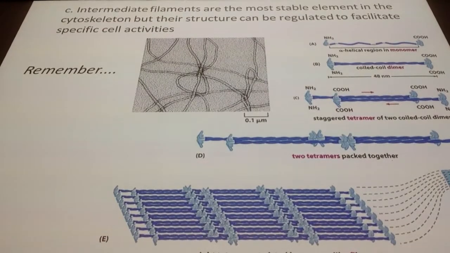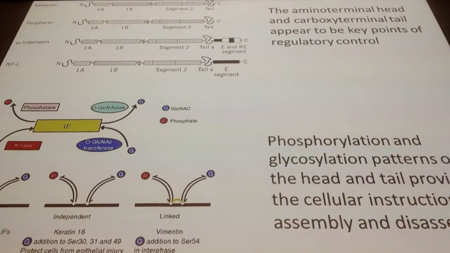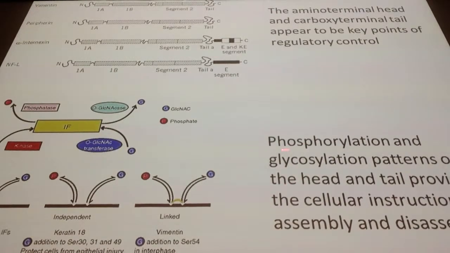There aren't too many associated proteins that are required, and most of the regulation occurs through covalent modification, either phosphorylation or glycosylation. We'll only look at an example where phosphorylation occurs, and we'll only look at the example for nuclear scaffolds.